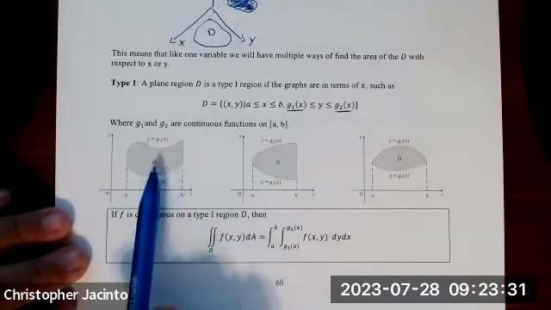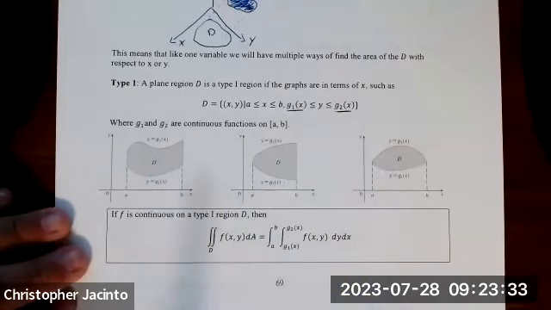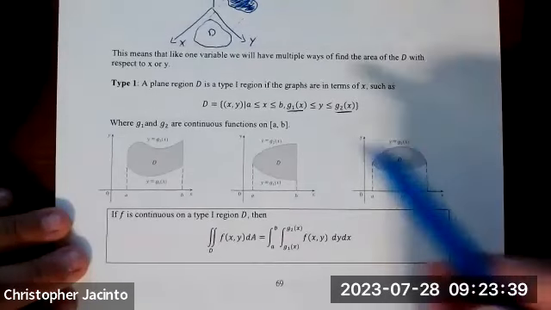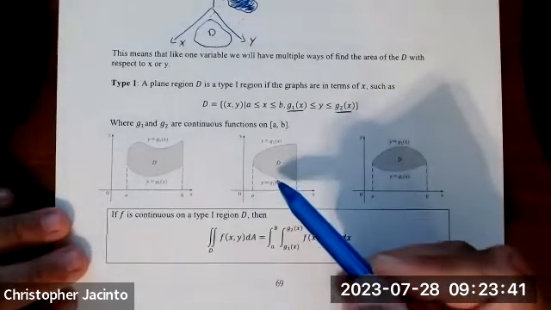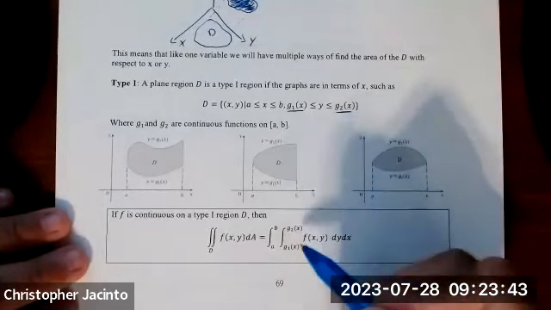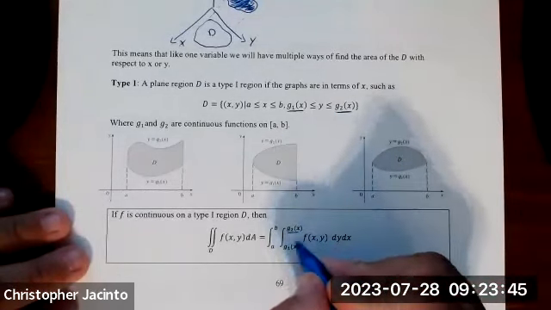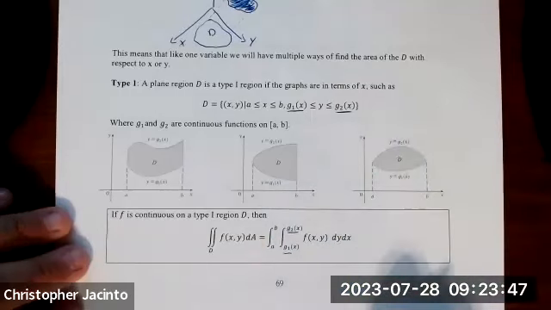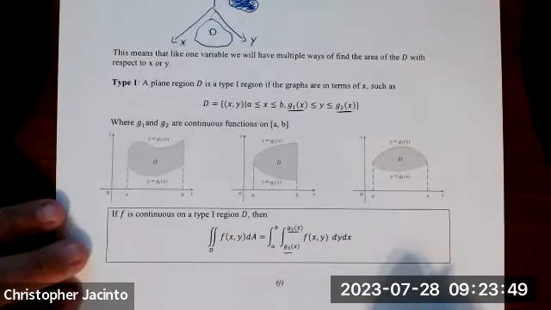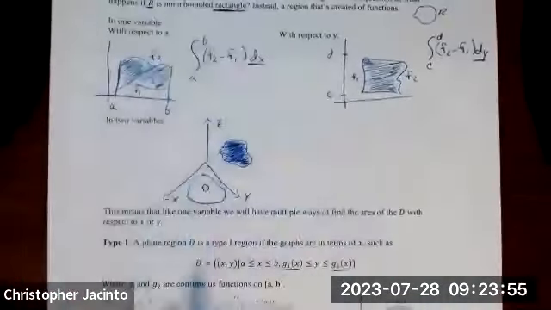An example will look like this. As you can tell, we still use the same concept of top minus bottom. The only difference is that instead of top minus bottom as our integral, that's our actual bounds themselves. So this format is almost identical.